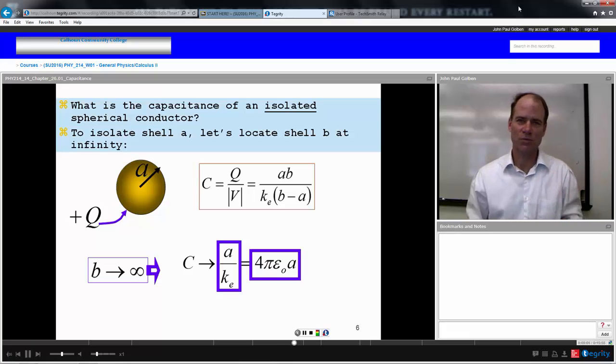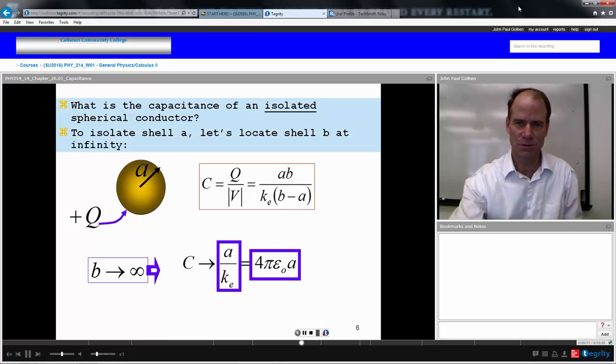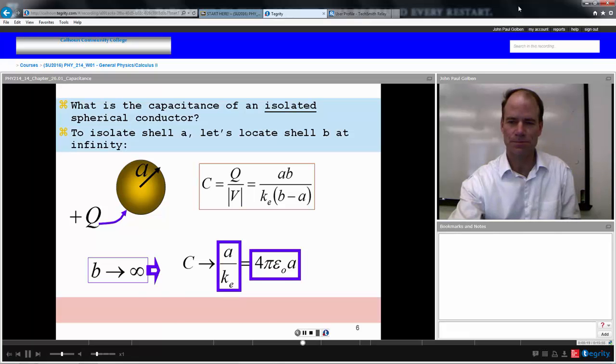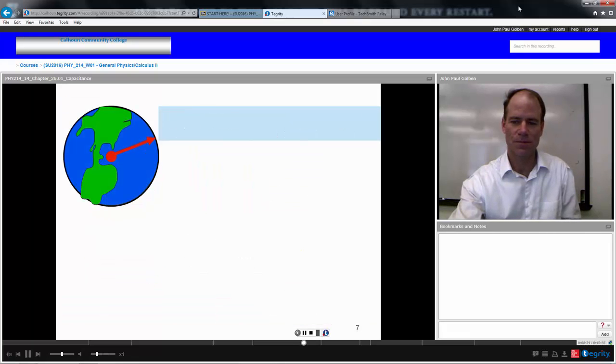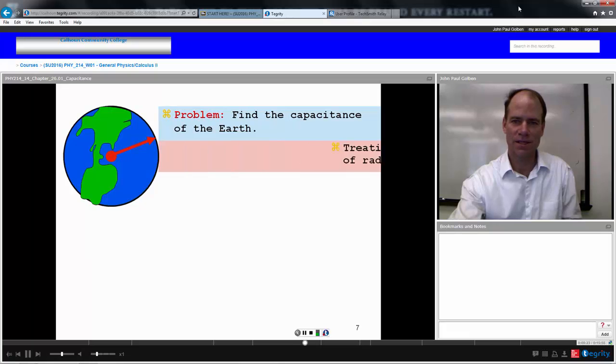Since K is 1 over 4 pi epsilon naught, we could also express this as 4 pi epsilon naught times the radius A. That is one little result that I wish you to remember. So, based on this, what's the capacitance of the Earth?